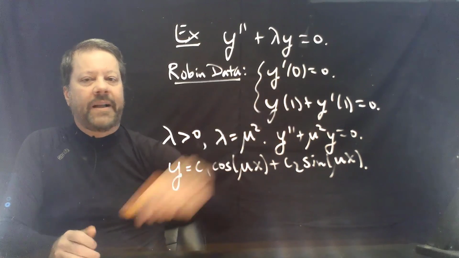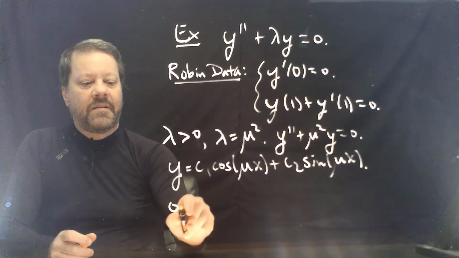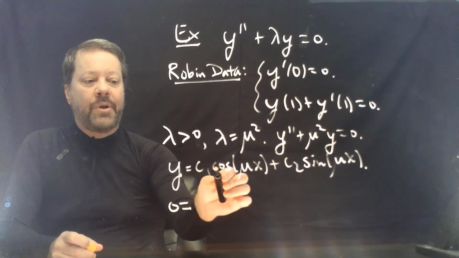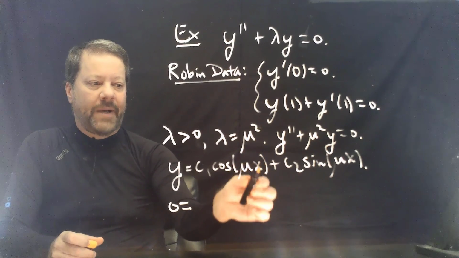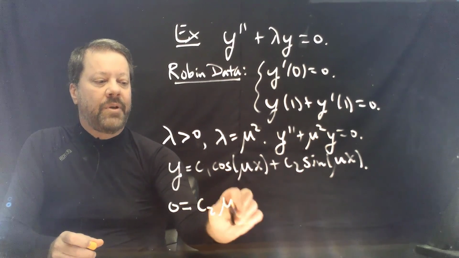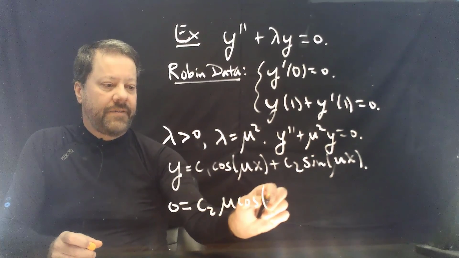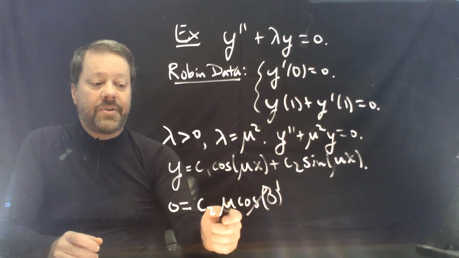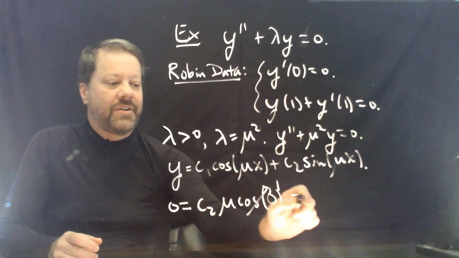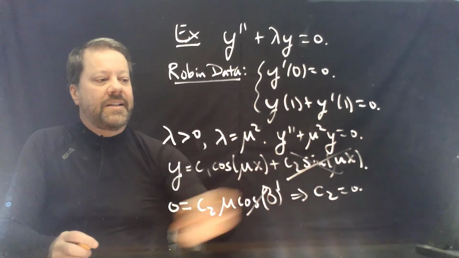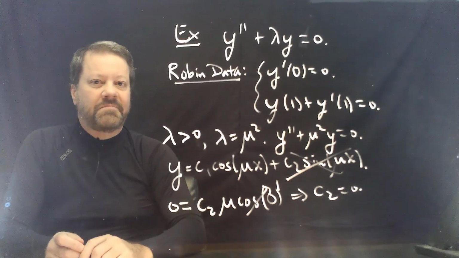Again, evaluating at the first Robin condition, the derivative will have a negative mu sine of mu x. Evaluated at 0 gives you 0. We'll have c2 mu cosine of 0, which is 1. And we then deduce, since mu is not 0, that c2 is 0. So we lose these second terms altogether.